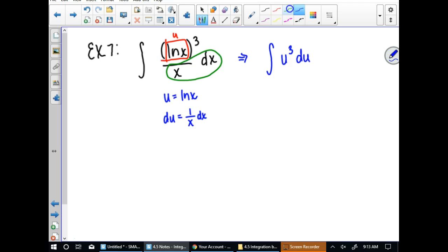And so we just have a simple power rule here. So that's going to be u to the 4th power, the 1/4 out front, plus c. And then we're going to plug in our natural log of x to the 4th plus c.